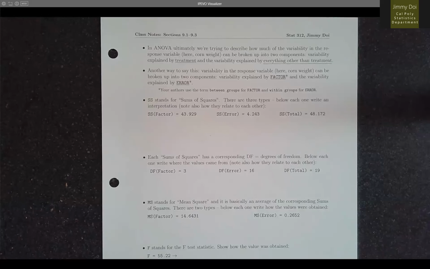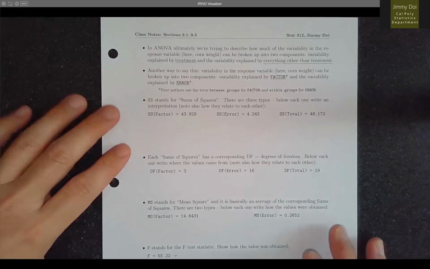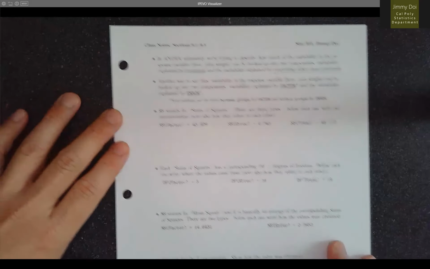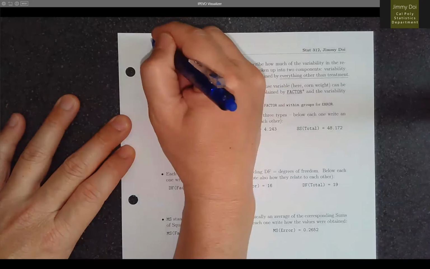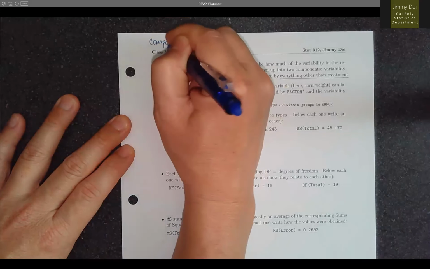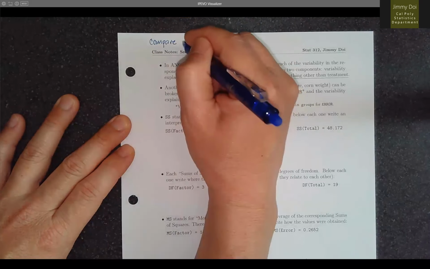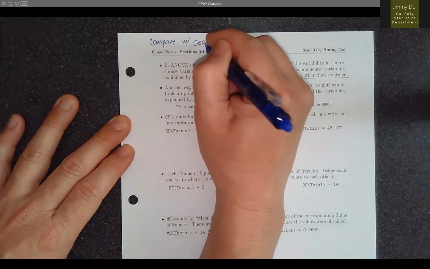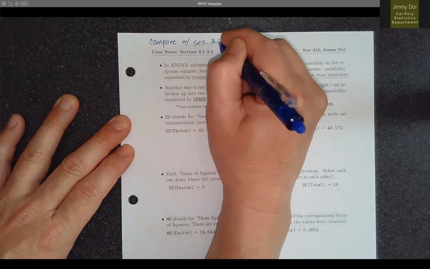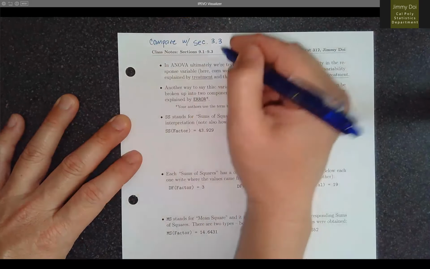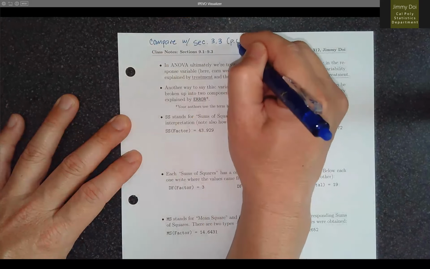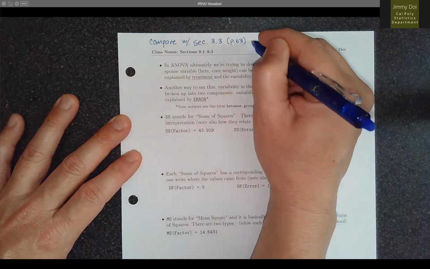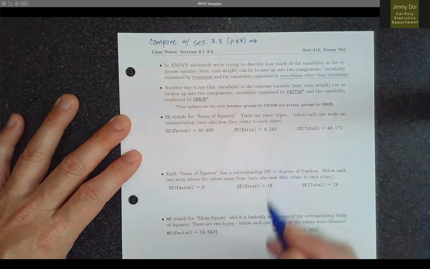I don't know if you remember this, but let's do the following. Can you please write this at the very top? Compare with section 3.3. And I'd like for you to take a look at page 63 for a very important relationship that we talked about.